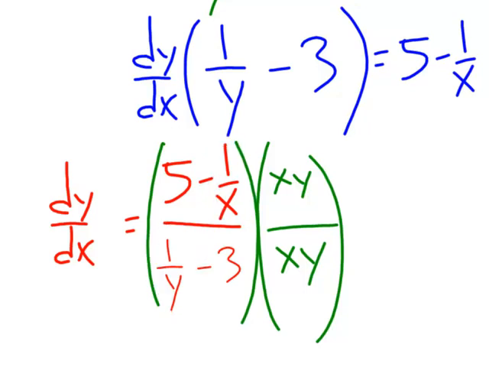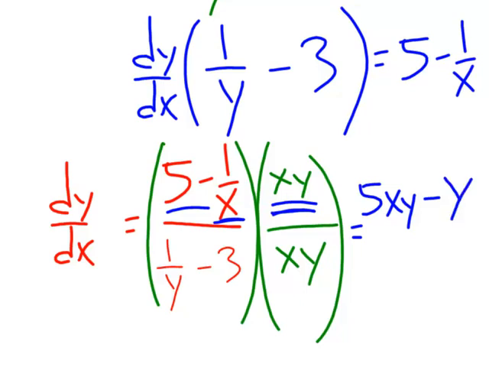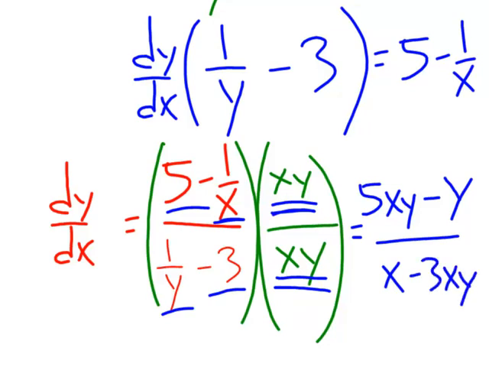They'll both become non-fractions. So let's go ahead and distribute xy times 5, 5xy, and then xy times 1 over x. The x's will cancel, and we'll get minus y. xy times 1 over y will reduce to just x. And then xy times minus 3 will give us minus 3xy.